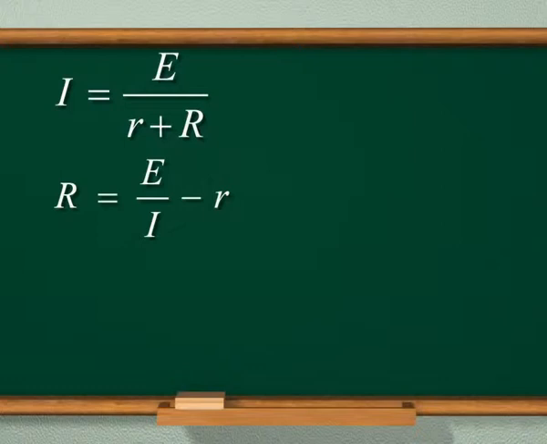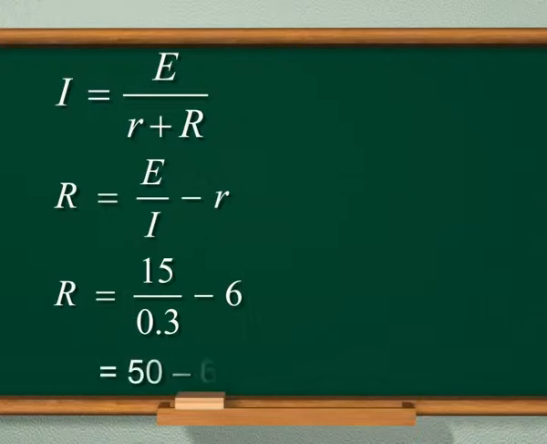Substituting the values of E, I and small r, we have the resistance of the given resistor to be equal to 15 upon 0.3 minus 6. On calculating, this turns out to be 50 minus 6 equal to 44 ohms.